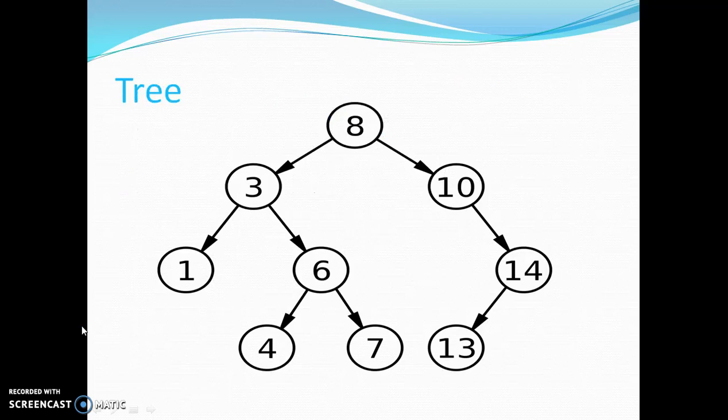8 is the root, so it is at level 0. 3 and 10 are at first level. 1, 6, 14 at second level, and 4, 7, 13 at third level.